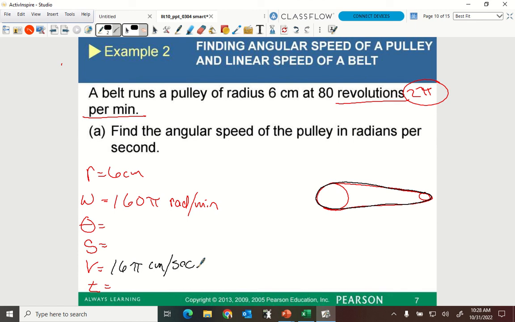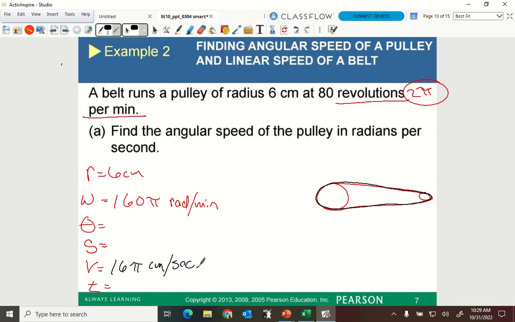Okay. Angular speed is the W. We already have that, but we need it in seconds, right? So right now we have W in minutes, don't we? So let's convert this one now, doing the same steps to convert the W into radians per second.